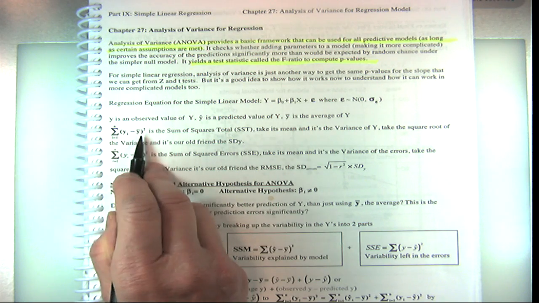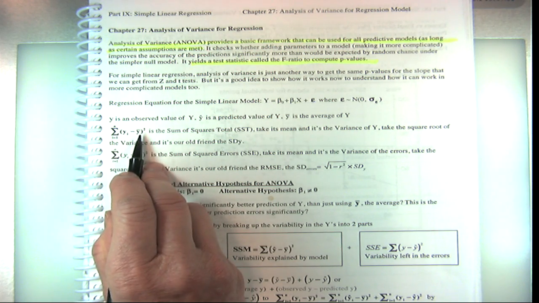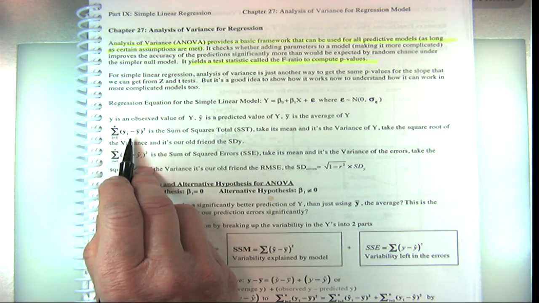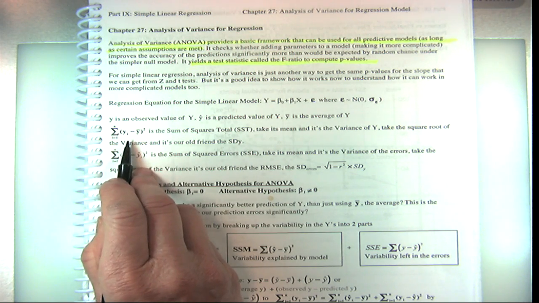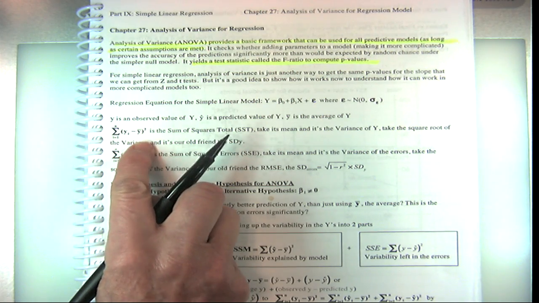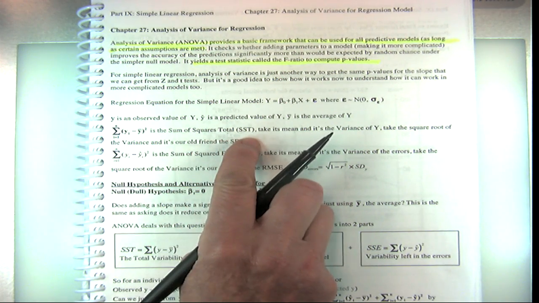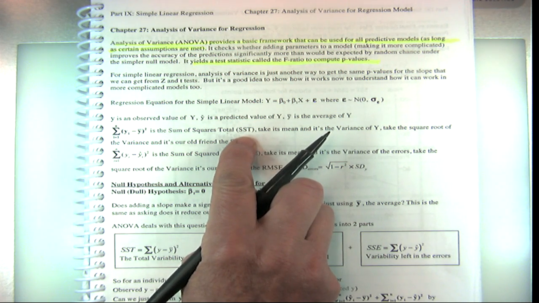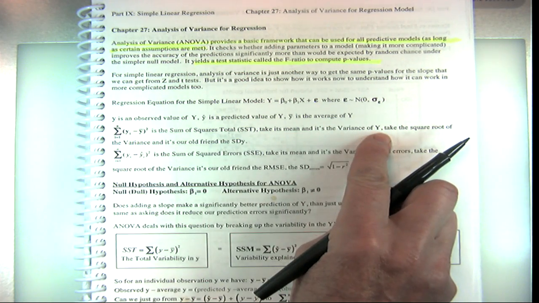Then we sum up all those. If we divided by n, it would be the variance, and if we took the square root, it would be the standard deviation. But before we do that, this is just the sum of squares total. Before we take the mean, it's the variance of y.